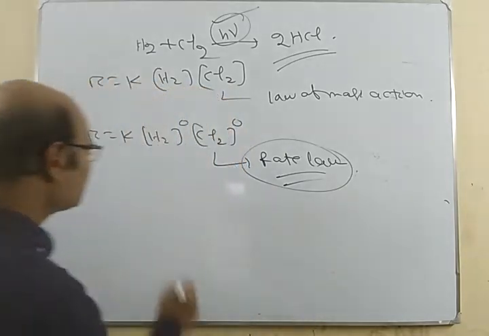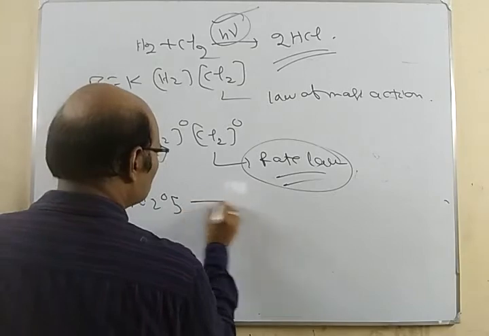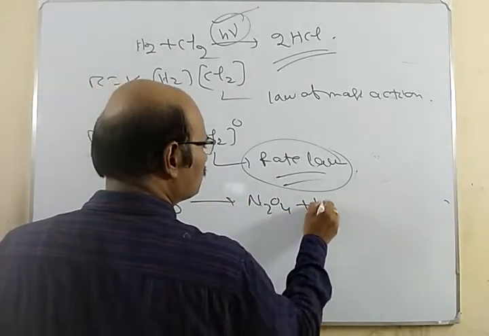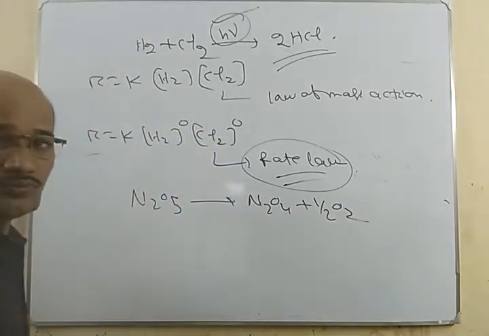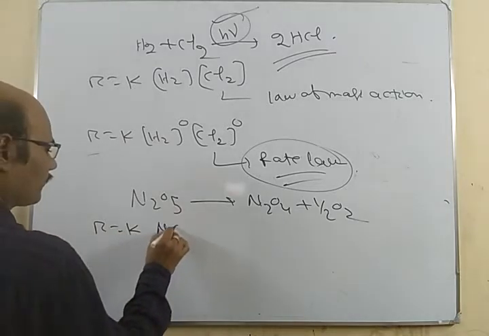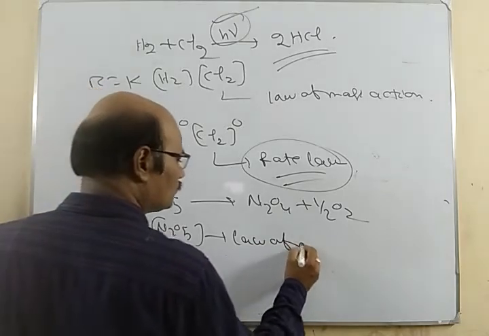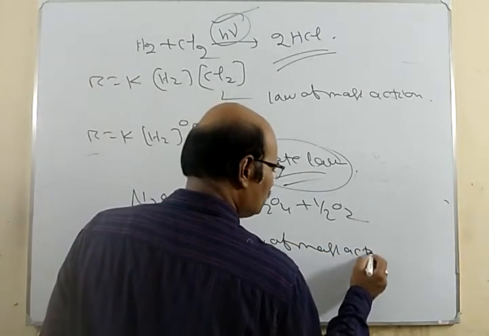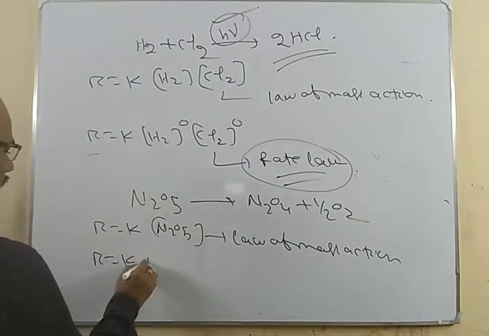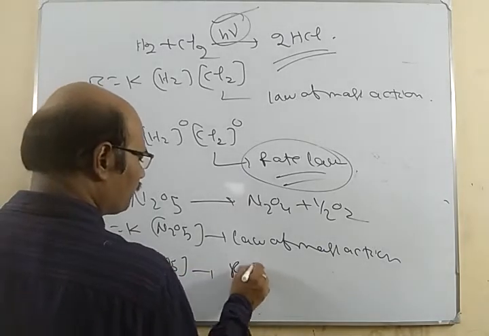For example, if I take N2O5 giving N2O4 plus half O2, R equal to K [N2O5] is the law of mass action, and again R is equal to K [N2O5] is the rate law.